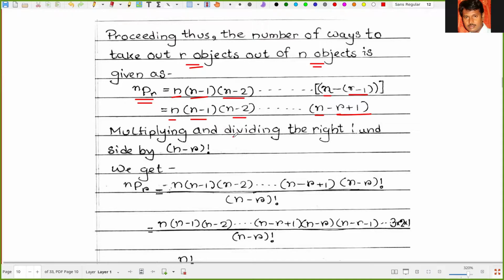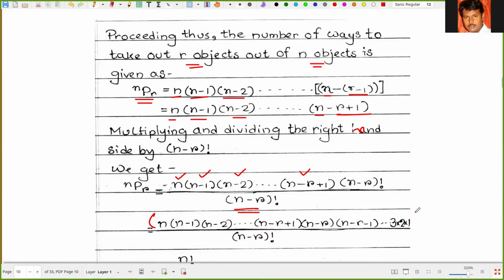Now we are multiplying and dividing the right hand side by n minus r factorial. So we get n into n minus 1, n minus 2, up to n minus r plus 1, and then n minus r factorial upon n minus r factorial. Now, n minus r factorial means n minus r, n minus r minus 1, up to 3 into 2 into 1.